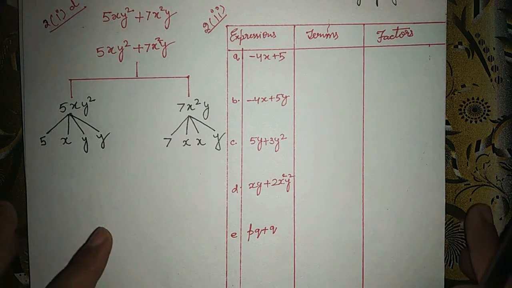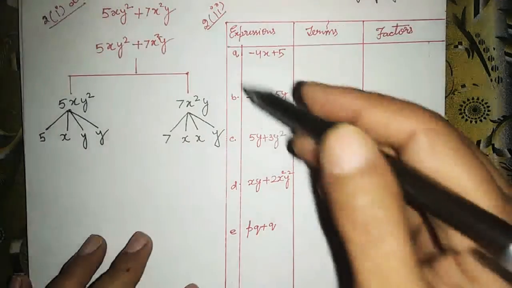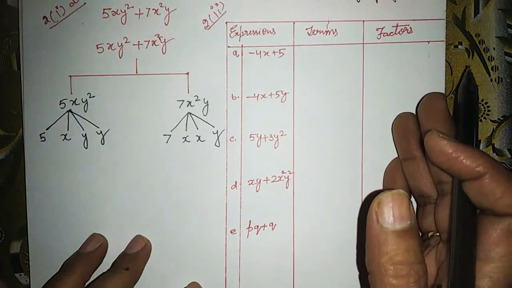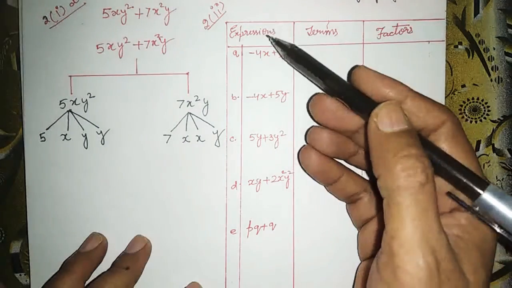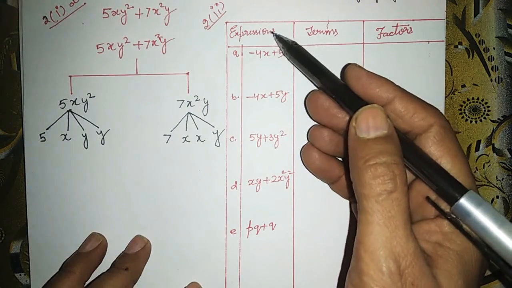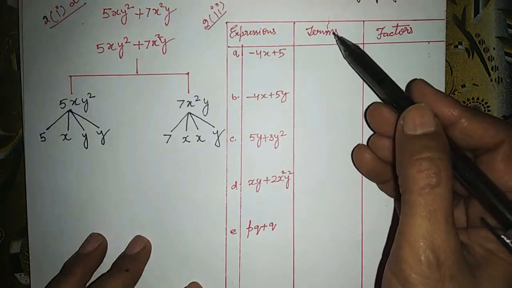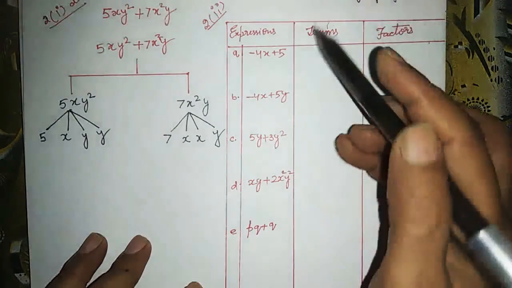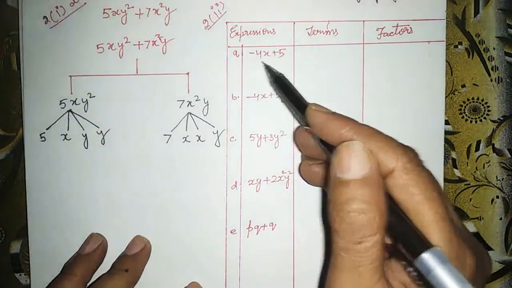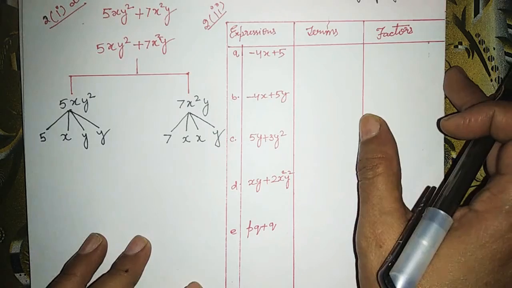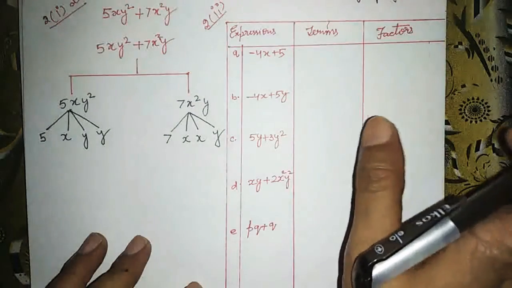For this question we will draw a box, and that box we will divide in 3 parts. In the first part we will write expressions. After that, in the second column we will write terms of the given expression, and in the last column we will write factors of the terms.